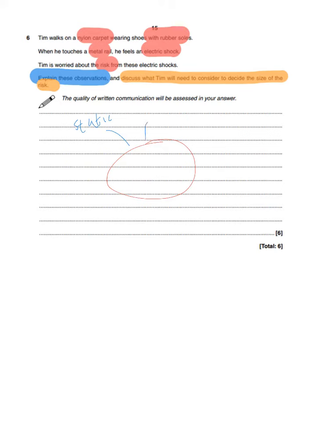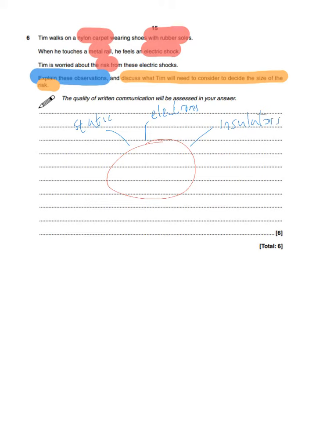Next thing, we're going to think about why it happens. So we'd probably mention electrons, the fact that these are transferred, and we'd probably be mentioning insulators, because that's when we get a build-up of static charge.